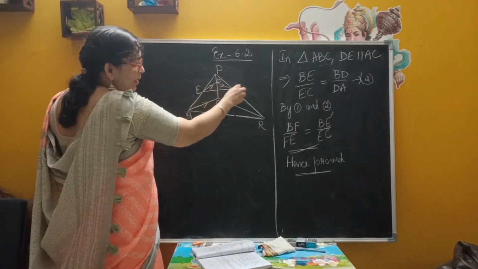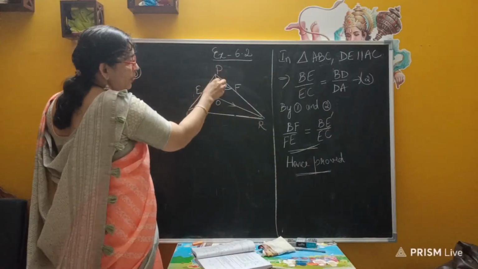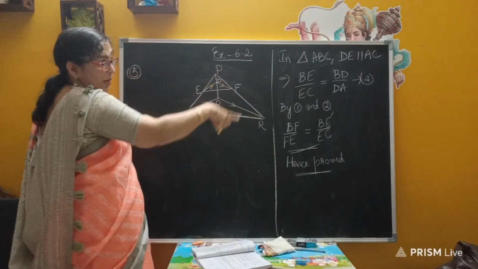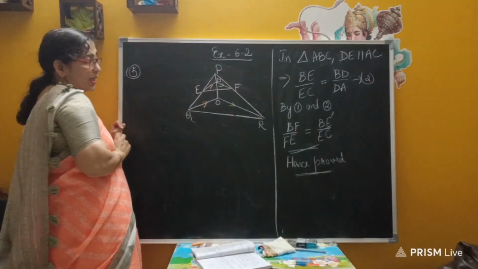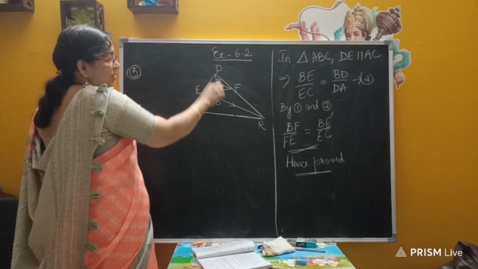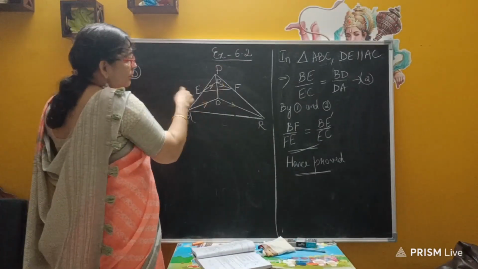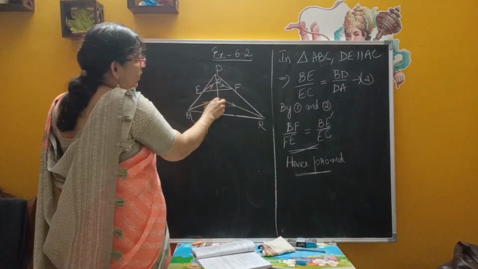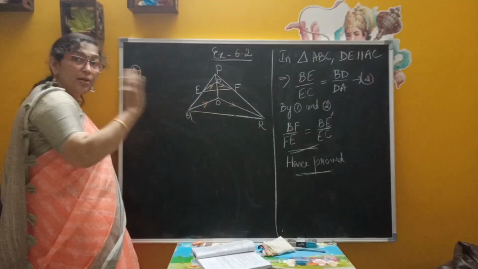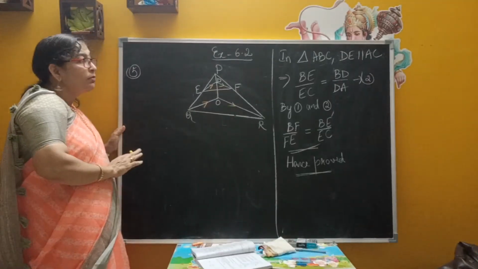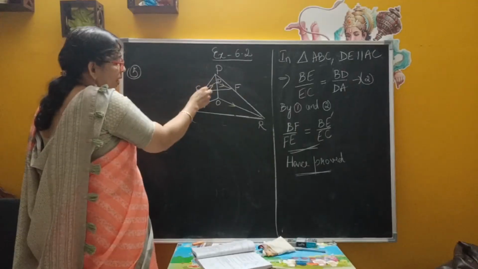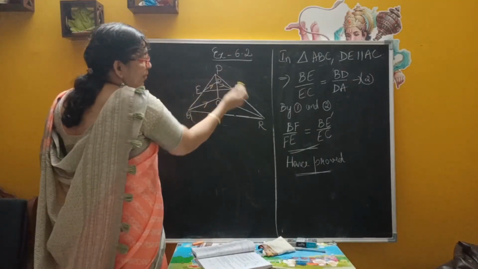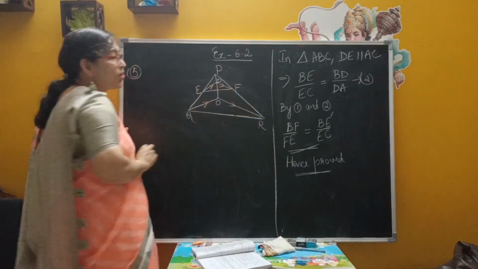PF by FR is equal to PD by DO. Like that, two equations come. So here also this is common. PD by DO is common in both. The RHS is equal on both sides. Then we can write PE by EQ is equal to what? PF by FR.